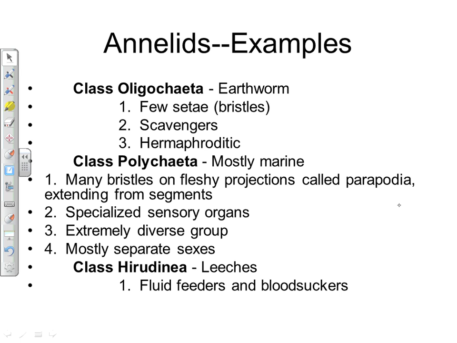It means like. And what does podia mean? Feet. Like feet. So these bristles are sort of like feet or appendages to help them swim. Parapodia. They have some specialized sense organs, sort of like you. There's a lot of these ocean-dwelling worms. Most of them you probably never heard of before. There's a lot of them out there. Typically, they have separate sexes, male and female, unlike the earthworms.